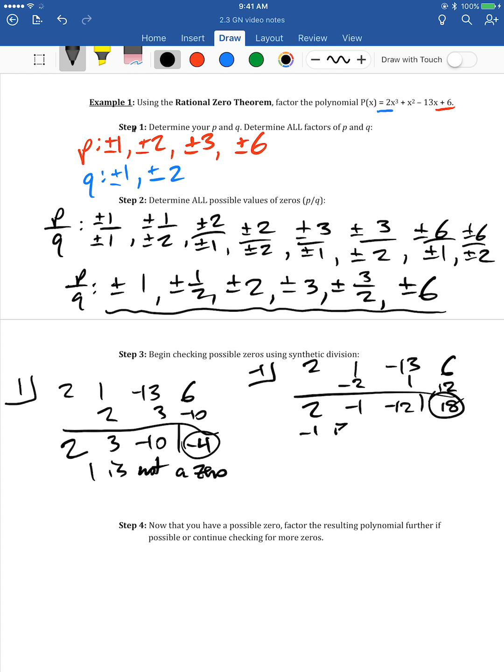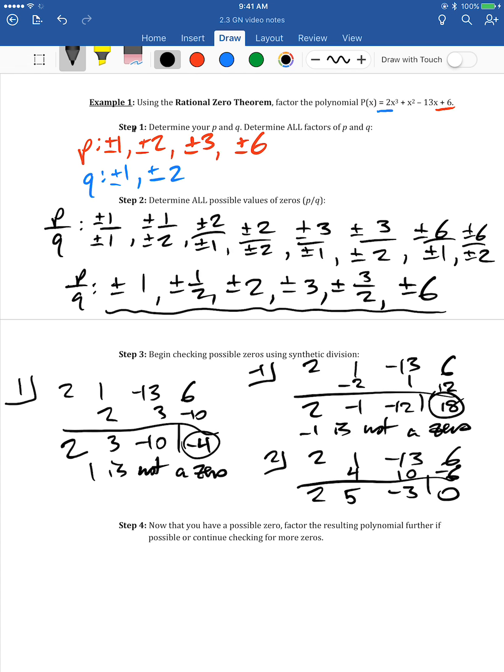Negative 1 is not a 0. Let's try 2. I have a good feeling about this one. Yep, so my remainder ends up being 0. That means that 2 is a 0.